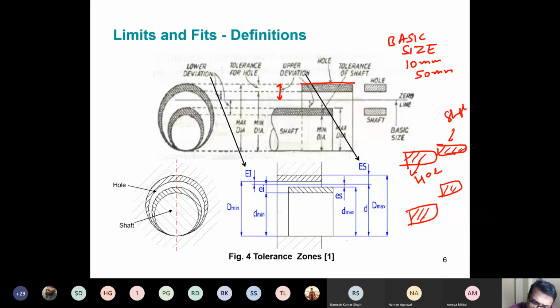Right now in the first case you saw, is this interference? What is the third one? This is the hole, this is the shaft. So this is second and this is third. Are 2 and 3 both interference? Or is 3 interference and 2 something else?